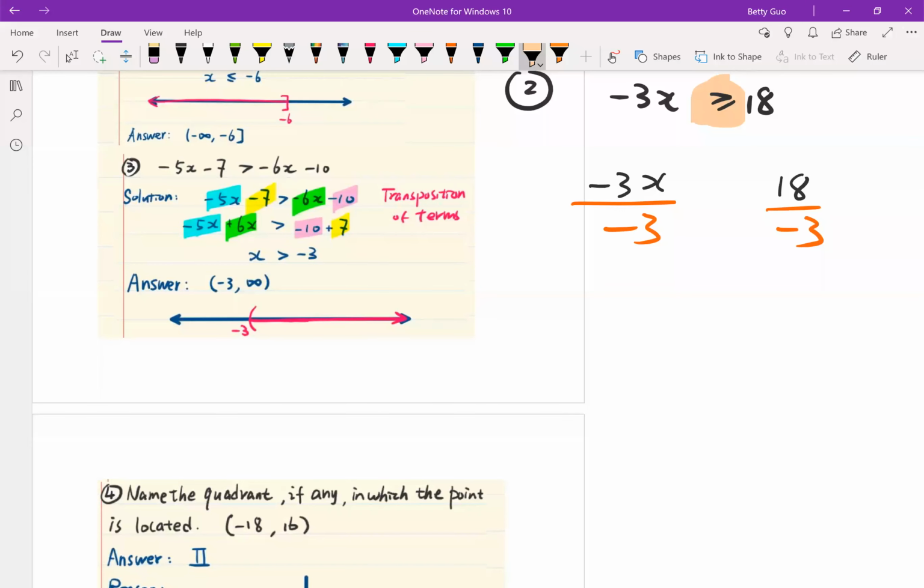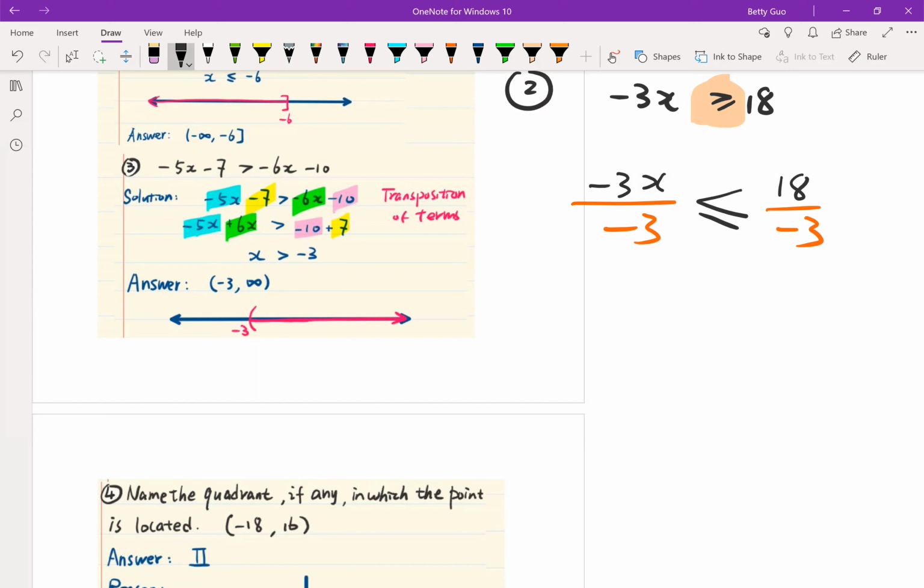Yeah, flip the direction of the inequality symbol. It's going to be less than or equal to. Very, very important. That actually is the purpose of number 2. Because we divide each side of this inequality by -3, a negative number, we have to switch the direction of the inequality symbol.